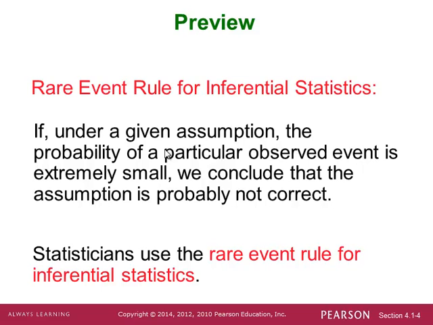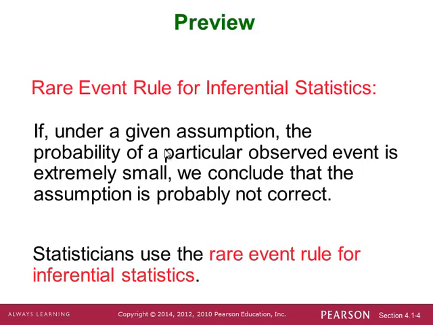So if we go under the assumption that it is a fair coin, and then we flip the coin, say, 100 times, and only, say, 11 heads come up and 89 tails come up. Now, I'll show you in a later class how to calculate the probability of that.